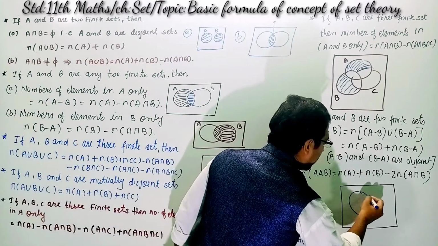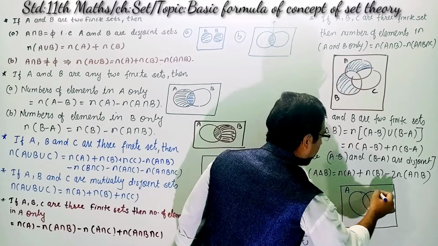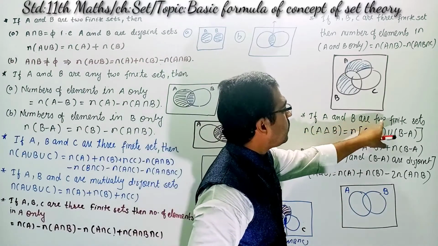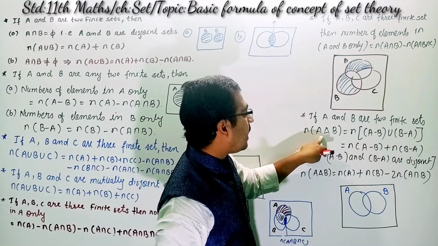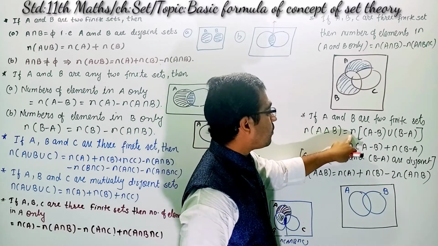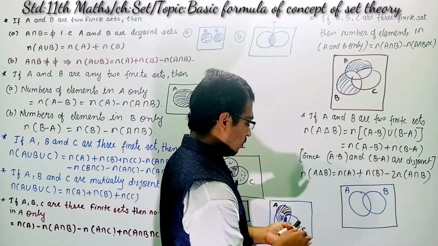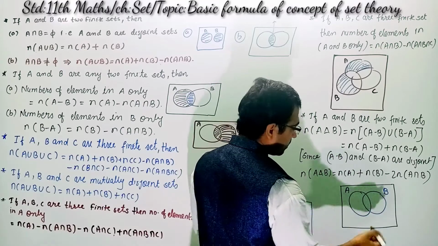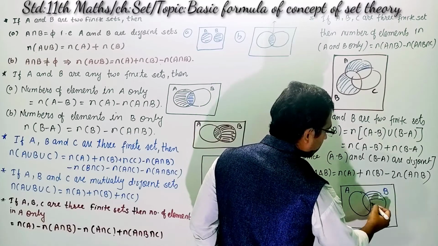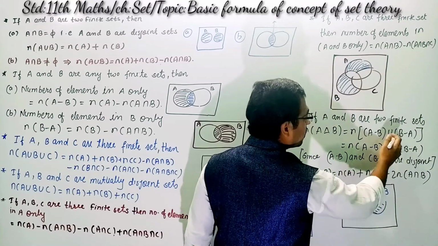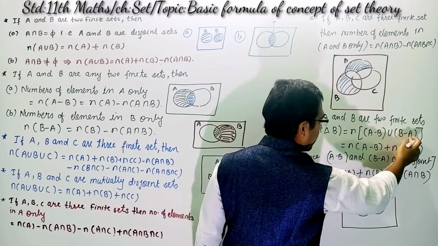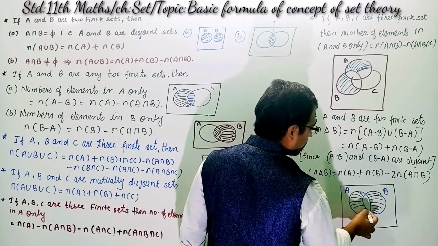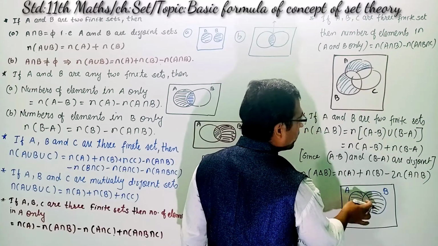So this is A and this is B, right? Okay students, A and B are two finite sets, and we want to find A delta B. A delta B means we want to find the elements of A minus B and B minus A, removing the intersection part.